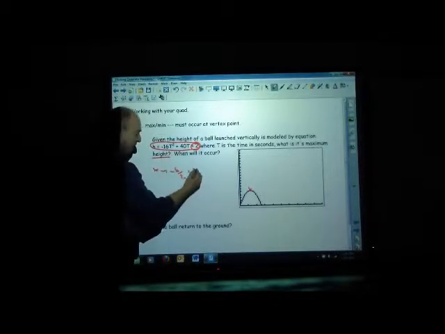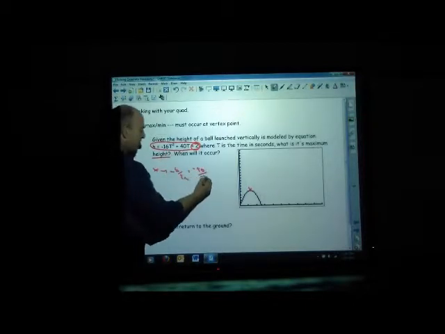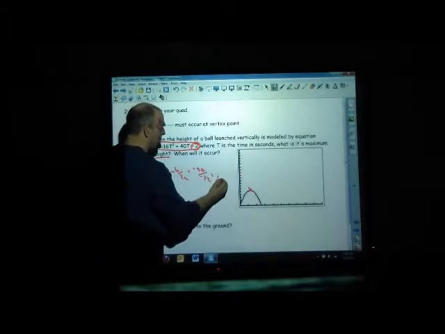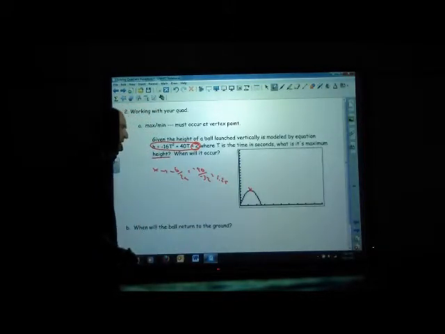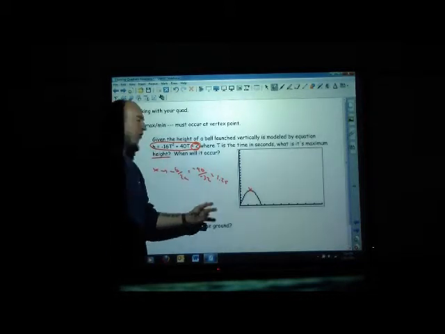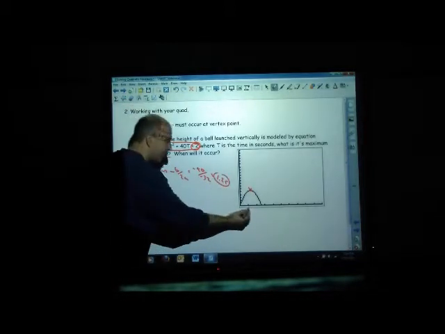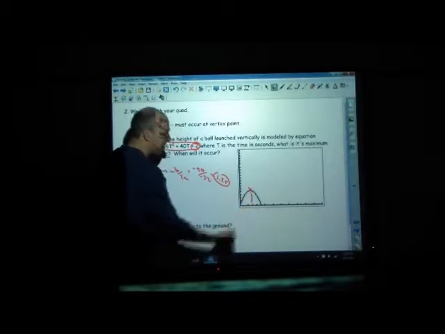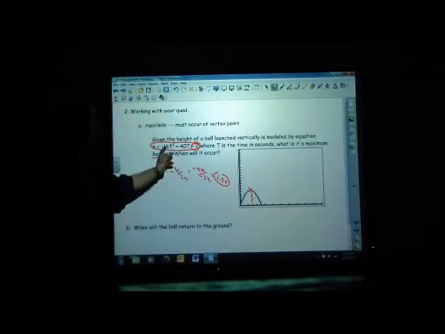You could take -40 over 2 times -32, and get 1 1/4 seconds. So the maximum height is not 1 1/4, it's 1 1/4 seconds, and you're at the maximum height. All right, so you'd have to put 1 1/4 in here to get the maximum height.